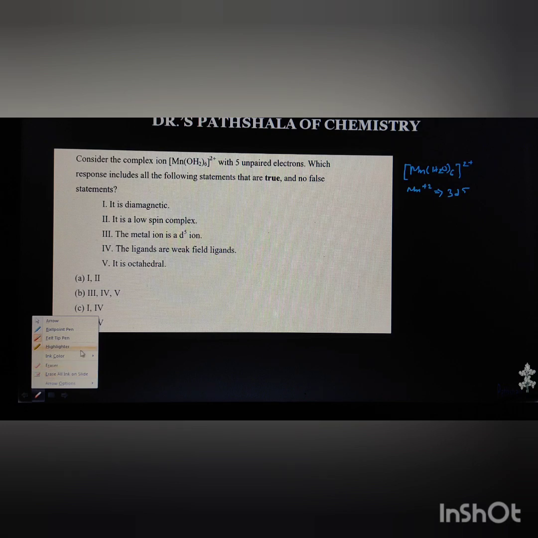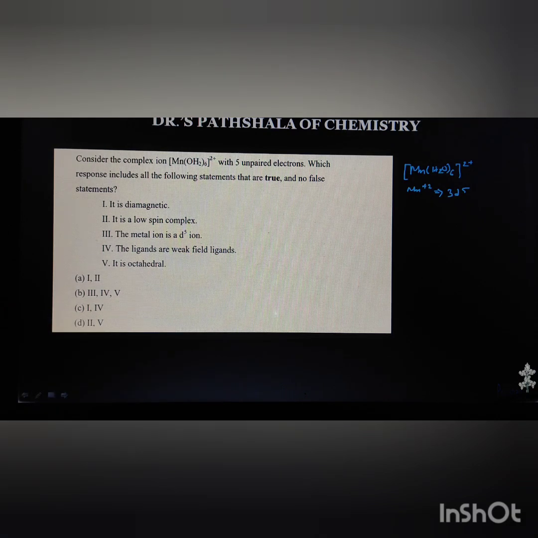So we have to find the number of unpaired electrons. So n will be 5, number of unpaired electrons 5. That means it is paramagnetic.